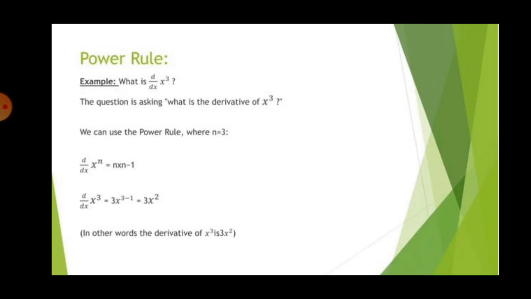Next, d all over dx of x cubed, by substitution, is equal to 3x to the power of 3 minus 1. In other words, the derivative of x cubed is 3x to the power of 2, or 3x squared.